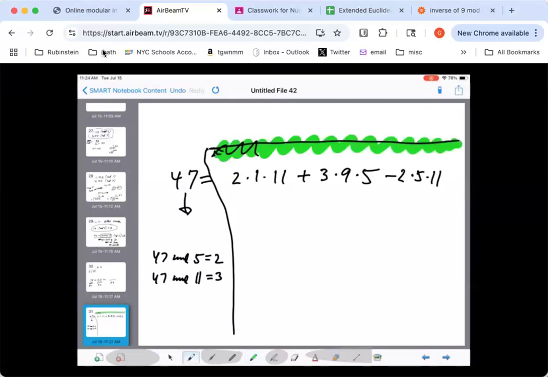But let's now look at these 9 numbers here. If I told you these 9 numbers and didn't tell you anything about what it equals, I just said, here's a crazy expression: 2 times 1 times 11 plus 3 times 9 times 5 minus 2 times 5 times 11. And I said, hey, I want to know what this is mod 11.